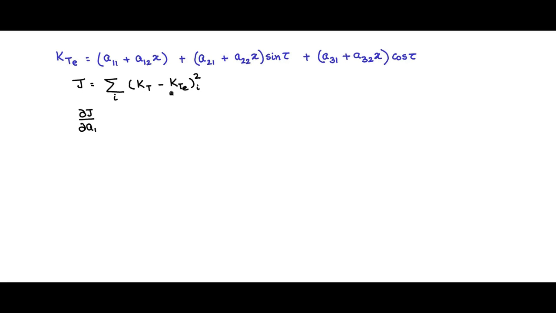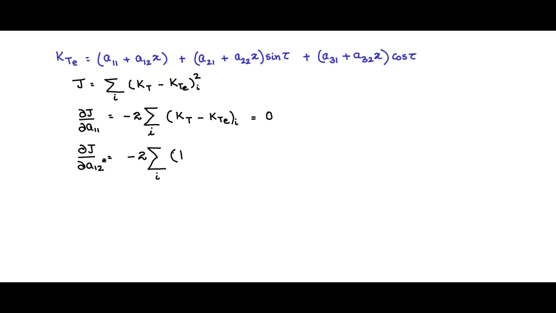So del j by del a11 is nothing but minus 2 sigma over all i's KT minus KTE, and this is set equal to 0. So now we will do it for the other parameter term, del j by del a12, which is minus 2 sigma over all i's KT minus KTE into x. A12 has an x as a coefficient, so this you set to 0.